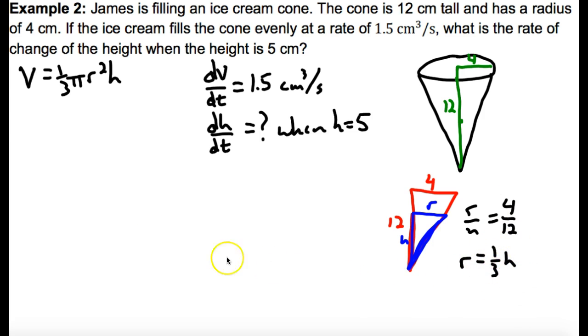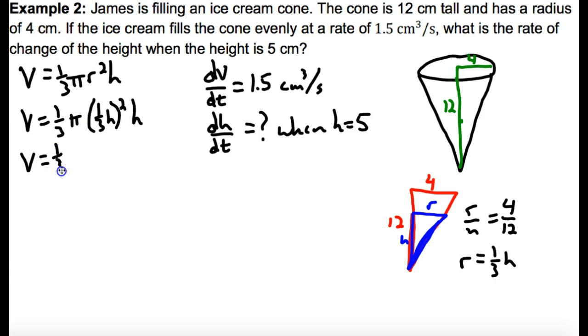Now I can plug this in for r in my volume formula. So volume is 1/3 pi times (1/3 h) squared times h. Simplifying, volume is 1/3 pi, 1/3 squared is 1/9, times h squared times h.